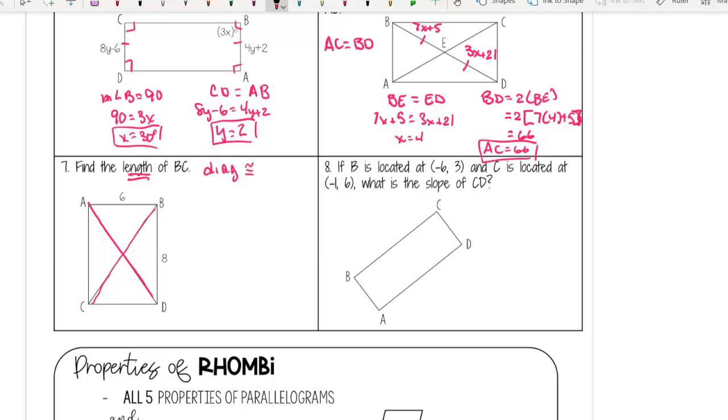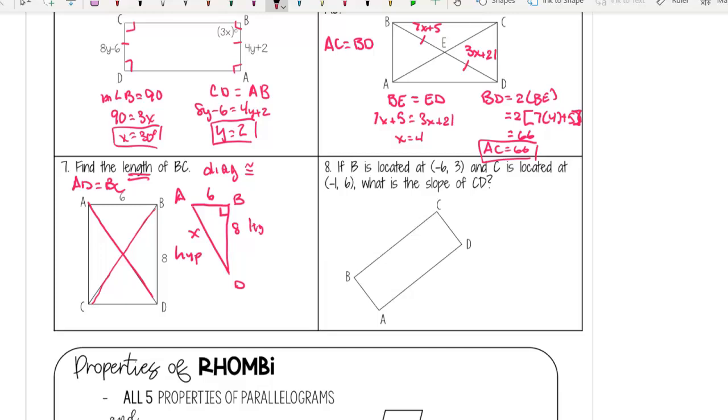So if I just look at triangle ADB, I know there's a 90-degree angle right there. I know this is 6. I know this is 8. So if I use Pythagorean theorem on this, I'm going to be able to figure out what AD is. I'm going to put an x right there. Because once I find AD, that's equal to BC.